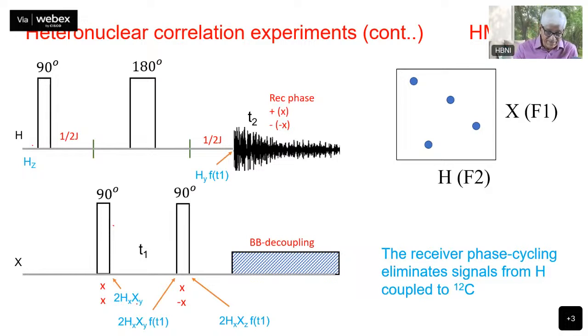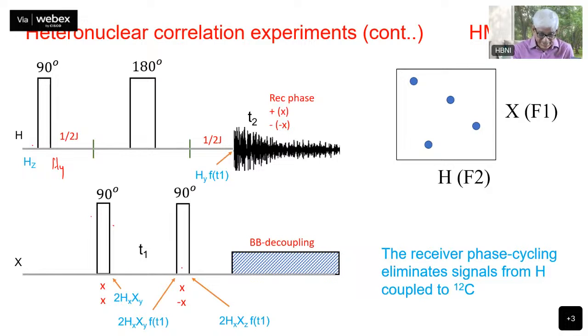Therefore, that will remain as H, because it started here as Hy. And then when it comes here, it will be antiphase with respect to the X nucleus. When we don't apply the pulse on the proton channel, it gets converted into HxSy. We will show those calculations soon.